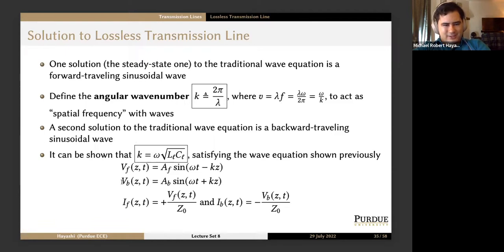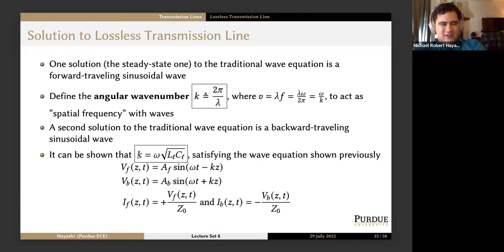The second solution we get to our traditional wave equation is the backwards traveling sinusoidal wave, where VB as a function of position and time is amplitude AB times the exact same sinusoid, except with a plus sign in here. So it's sine of omega t plus kz. So remember, the negative sign travels forward, the positive sign travels backwards. Just how it works when you do all the function transformations.